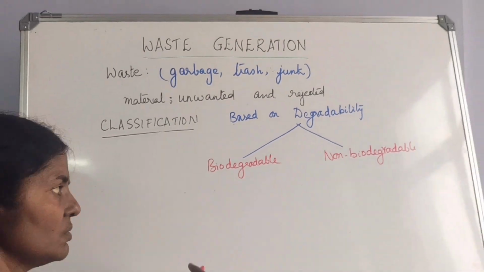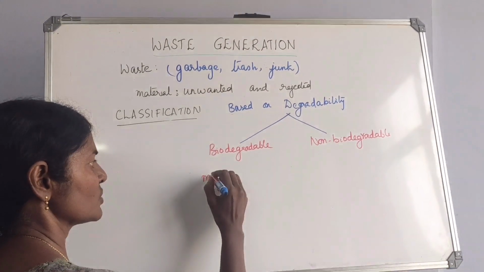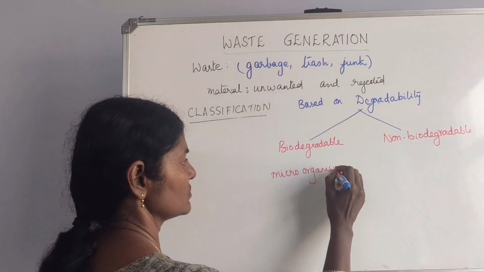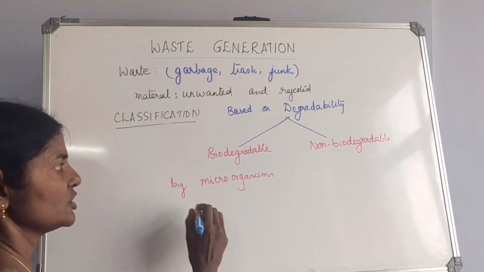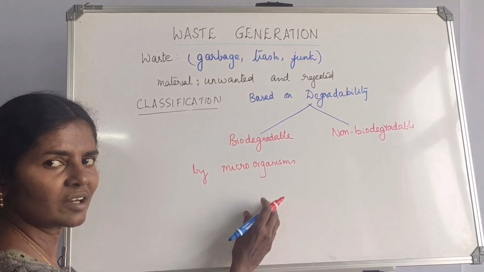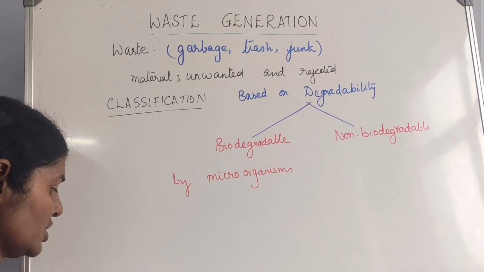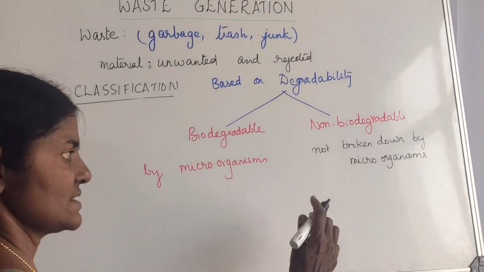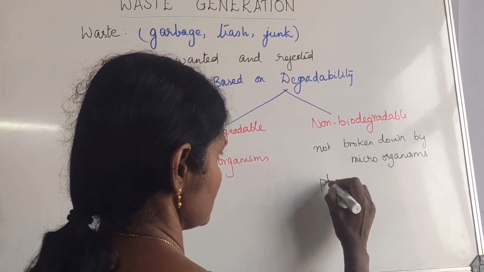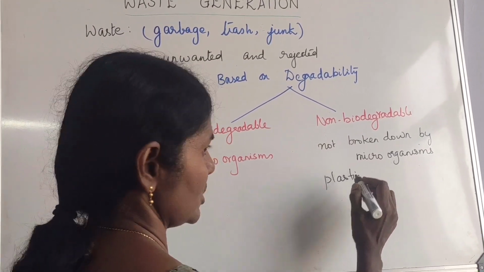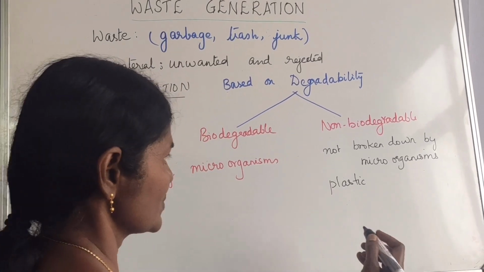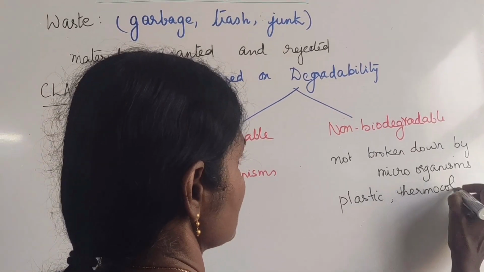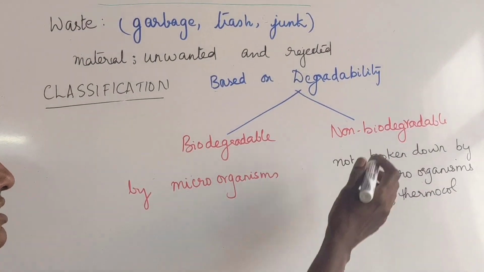How does it break down? It is broken down by microorganisms. So if it is broken down by microorganisms, then that is called biodegradable waste. There are some which are not broken down. For example, you have plastic, which is a chronic problem everywhere, including the depth of the oceans. And then you have thermocol. These are the things and many more which are non-degradable.